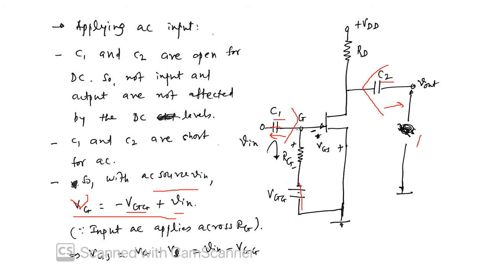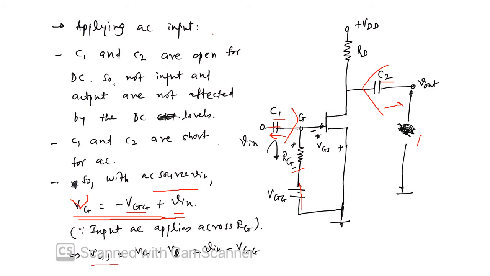So the gate terminal, when we consider the superposition of both the DC source and the AC source, is actually minus VGG plus Vin.